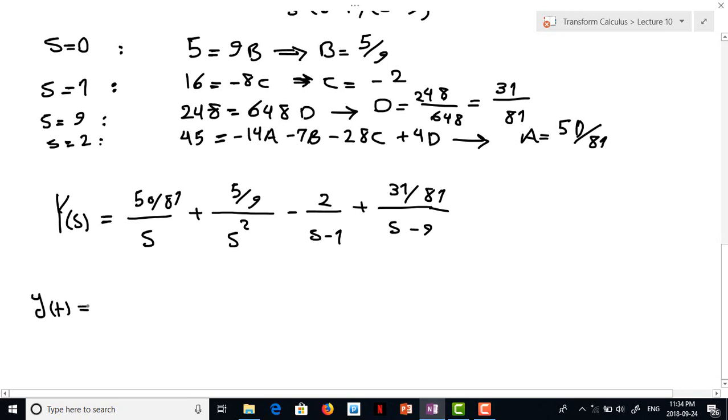So now we can easily find y of t. y of t is the Laplace inverse of Y of s. So 50 over 81 over s, the Laplace inverse is 50 over 81. 5 over 9 over s squared is the Laplace transform of 5 over 9 times t.